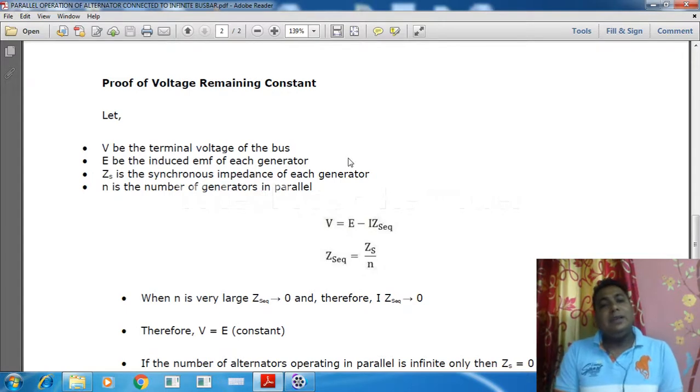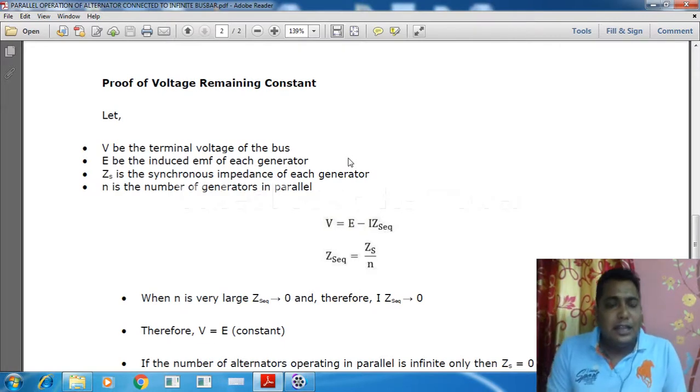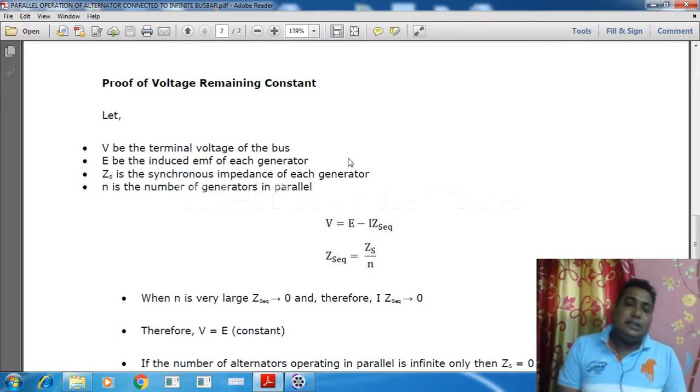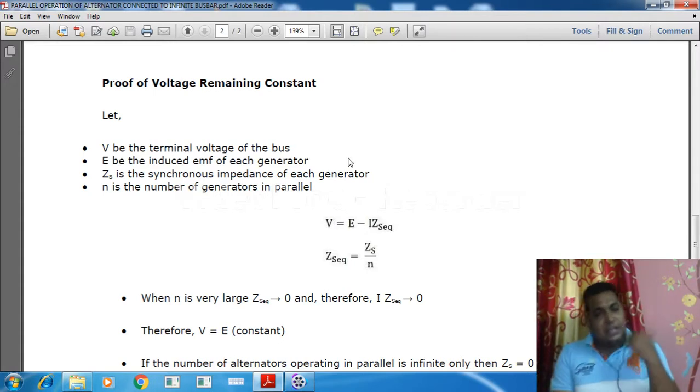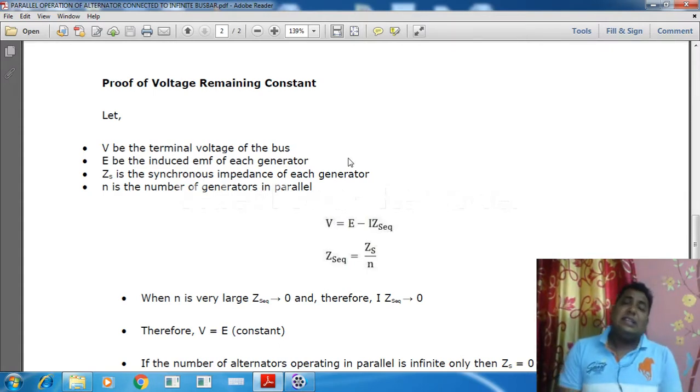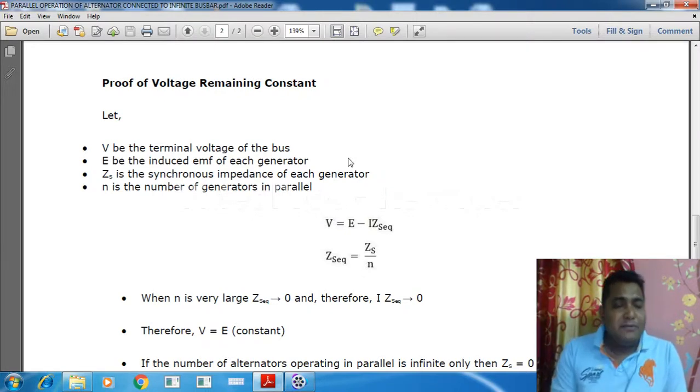Let V be the terminal voltage of the bus, that means whatever bus we are using has some voltage, V. E is the induced EMF in each generator. That is, whatever alternators we connect to the bus bar have some EMF value that we are denoting as E. ZS is the synchronous impedance of each generator.